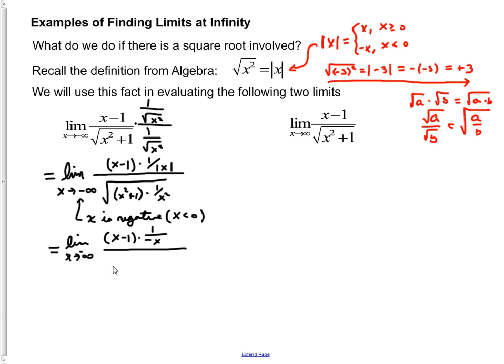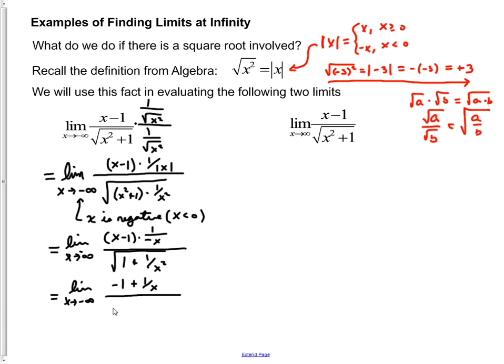Now, in the denominator, 1 over x squared multiplies by x squared to give us 1, and 1 times 1 over x squared is 1 over x squared. In the numerator, we get the limit as x tends towards negative infinity of 1 times negative 1, that's negative 1, and plus, because of the negatives, 1 over x.